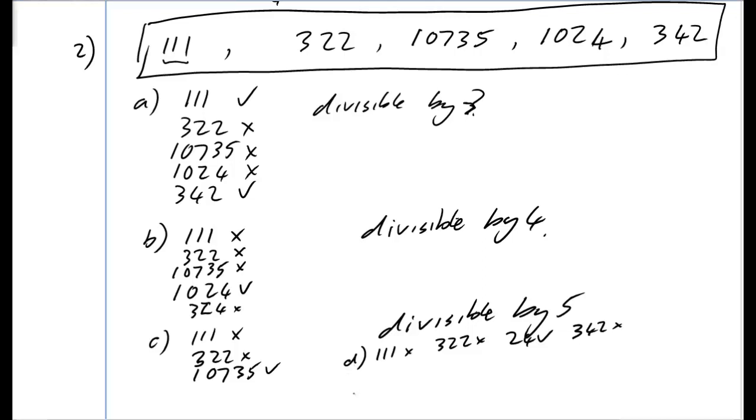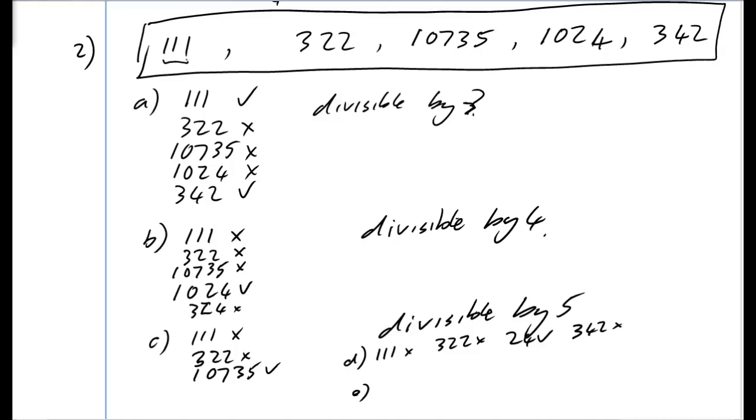Okay, finally, E, if it's divisible by 9. If you look at the table on the top of page 55, a number is divisible by 9 if the sum of the digits is divisible by 9. So let's look at my numbers. Add up these digits. 1 plus 1 plus 1 is 3.